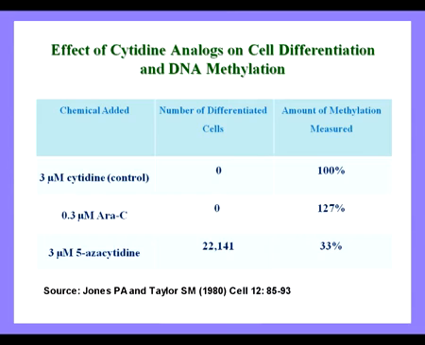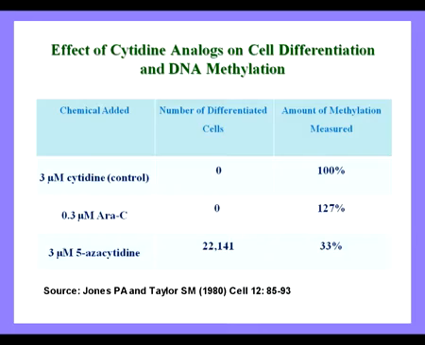After this experiment, they opened up a window for scientists around the world to work along these lines, making it a premise that DNA methylation is linked with gene expression. It was published by Jones and Taylor in 1980.